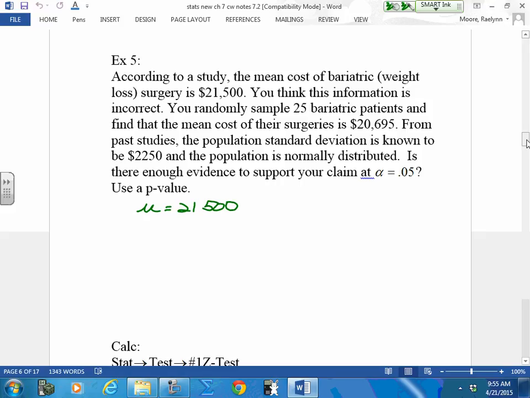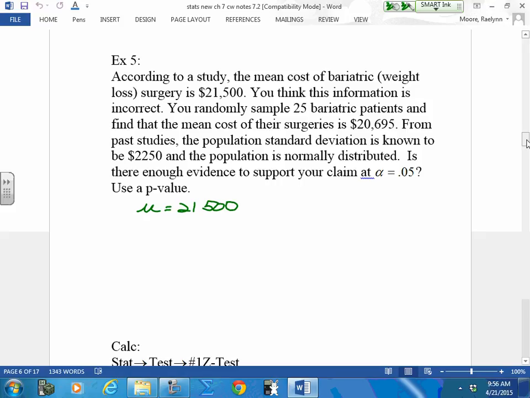Well, this is for the population. I think they must have this backwards. Why is this backwards? Okay, hang on. Let's look at this again.